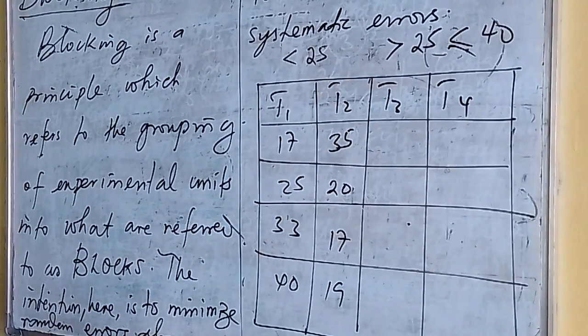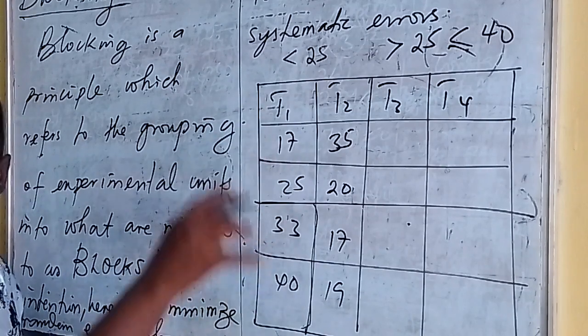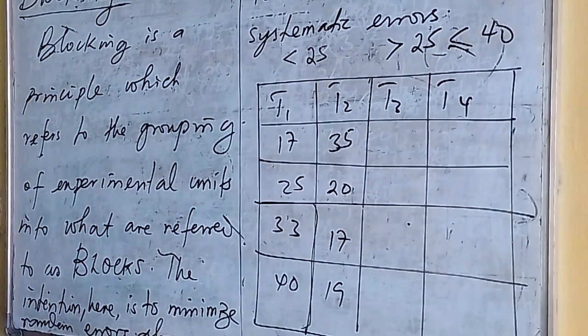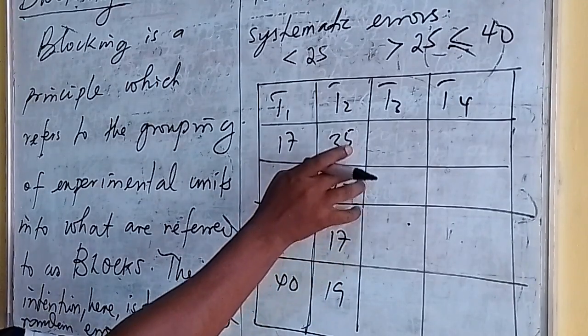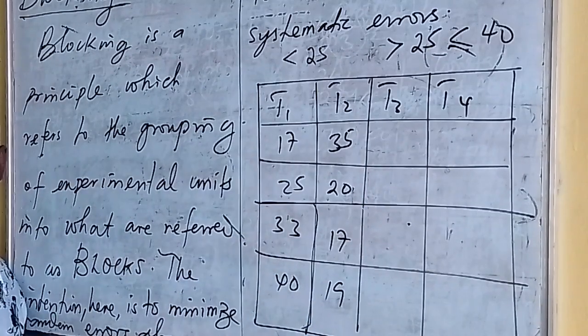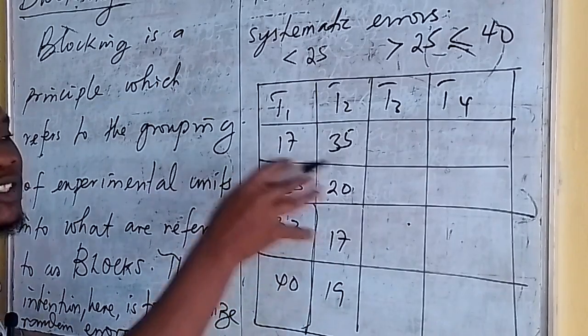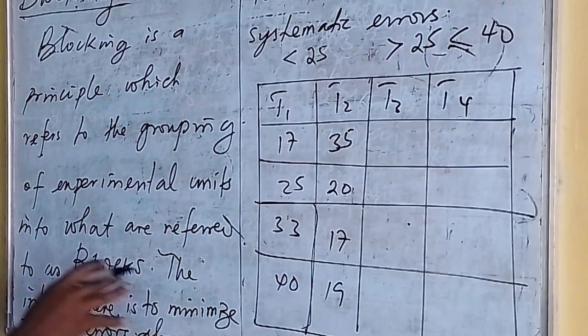You see it? Now, as soon as you do that, this setup automatically changes. Meaning that you would now have, in this case, 2 blocks containing 2 observations each. In this one, you would have 2 blocks having 3 observations in one and 1 observation in the other one. Do you understand me?